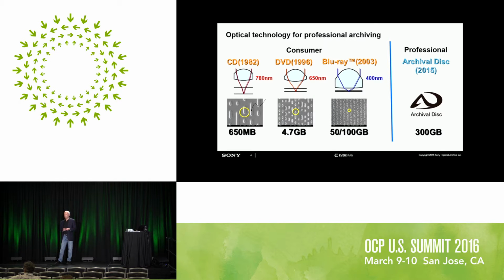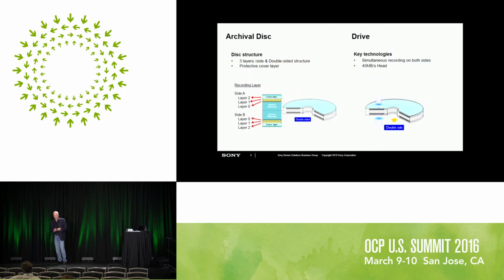Media capacity for the Archival Disc is 300 gigabytes. And these 300 gigabyte capacity is coming from a dual-side medium. So we have 150 gigabyte capacity per side. Each side has 3 recording layers. And so this is basically what we did on the Archival Disc side.